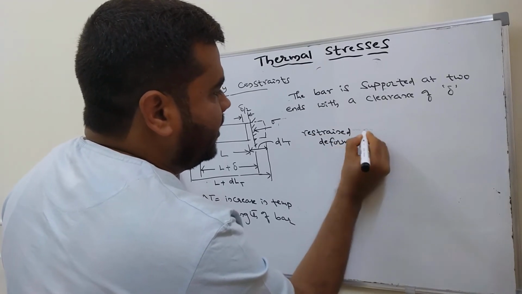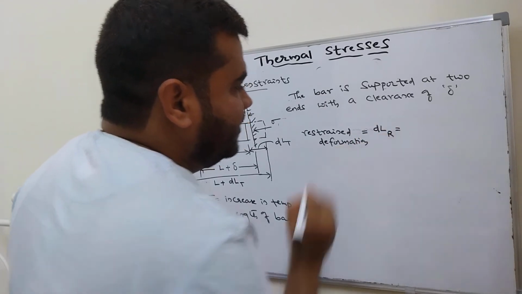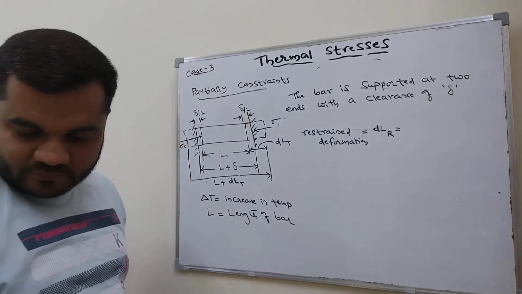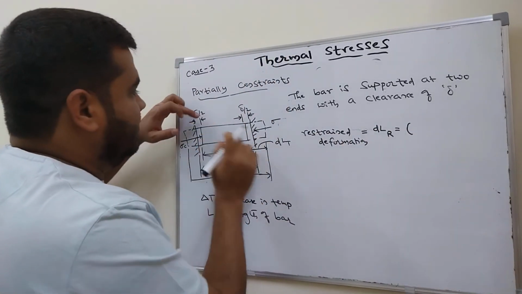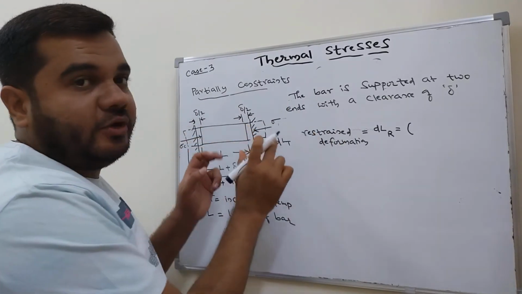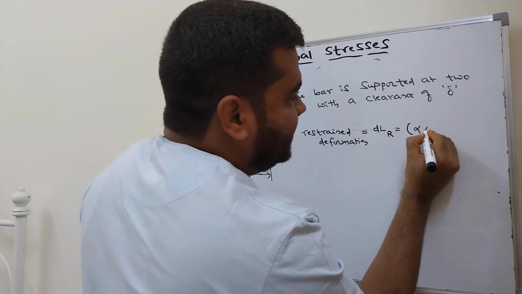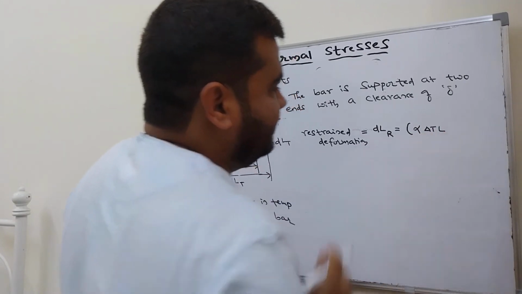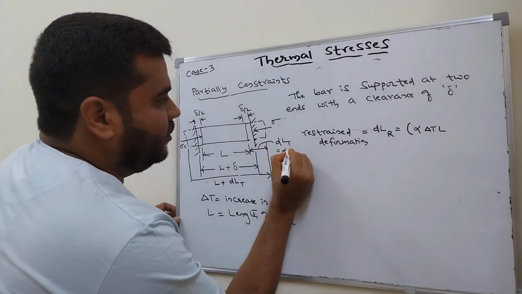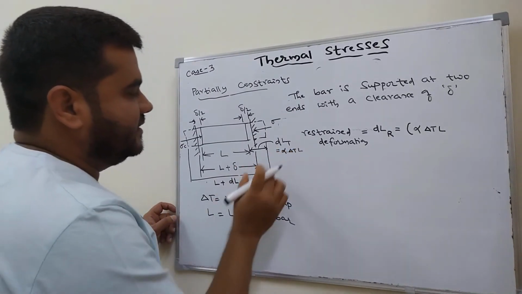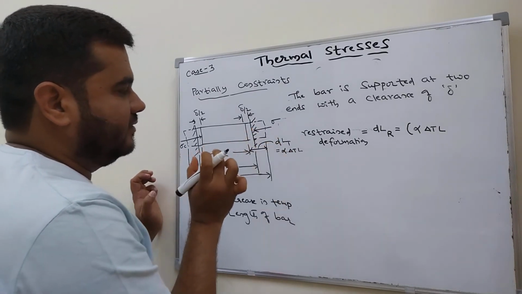Deformation due to restraint equals, we know that free expansion is alpha into T into L, that is alpha into change in temperature into L. This is free expansion, from the bar end to the total here.